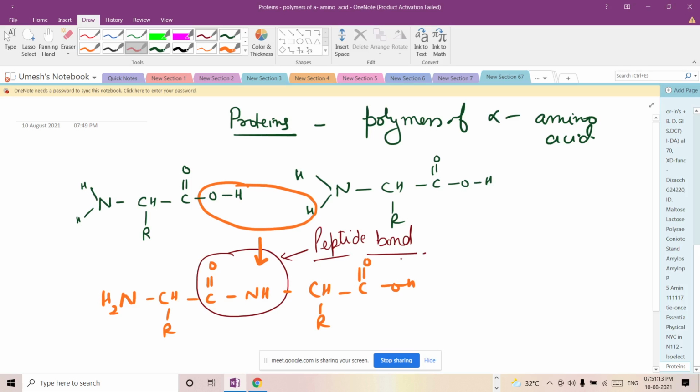The bond formed between the two amino acids is called a peptide bond.